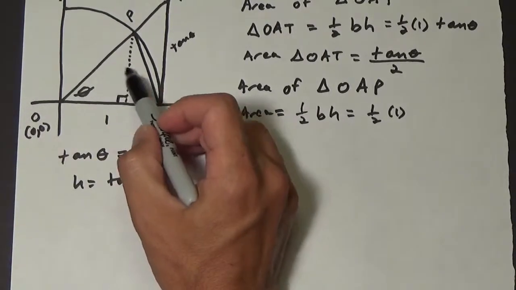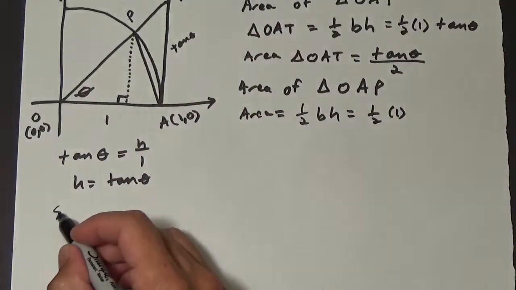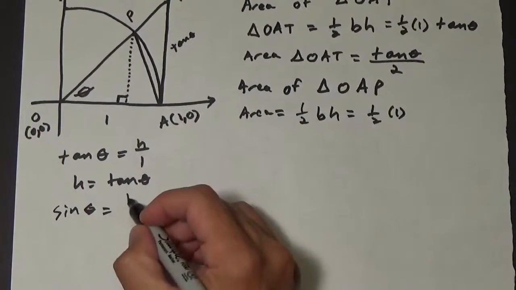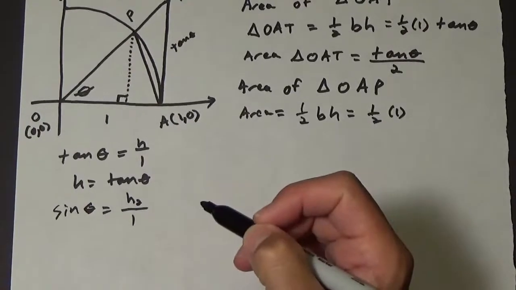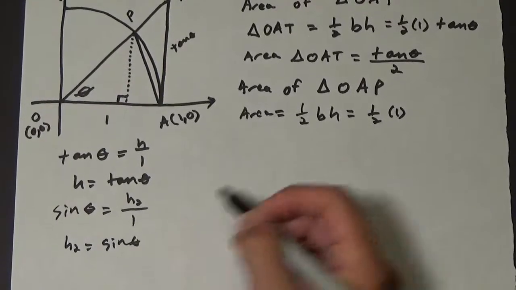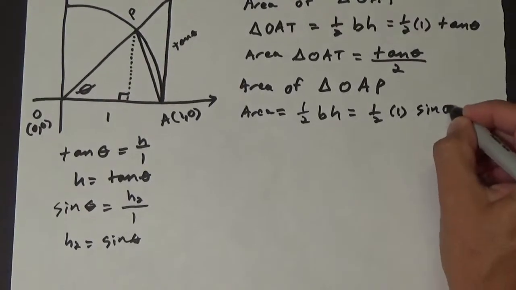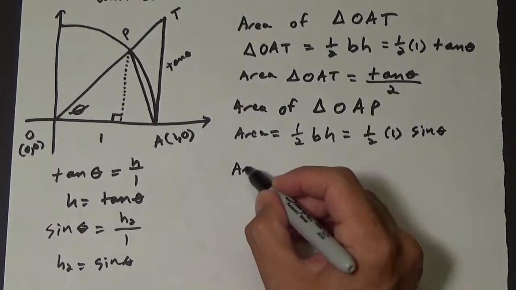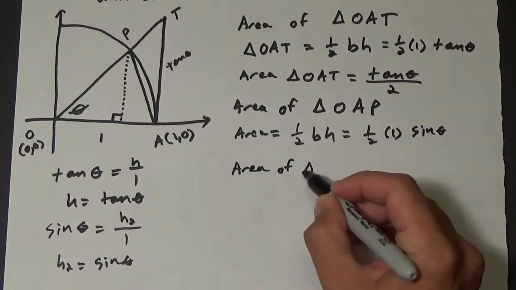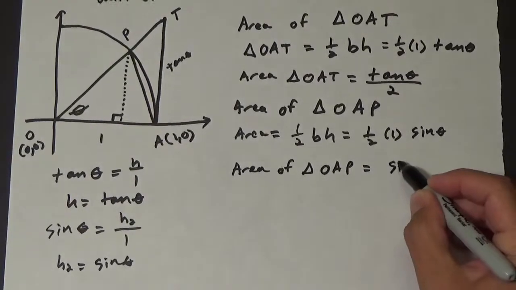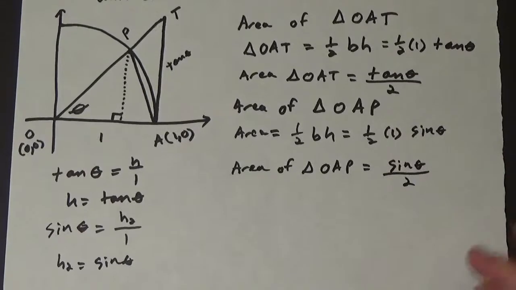So that's opposite over adjacent, which is the sine. So the sine of theta is, I'll call this H2 over 1. So that means H2 is the sine of theta. So this is the sine of theta. So that means the area of triangle OAP equals the sine of theta over 2.